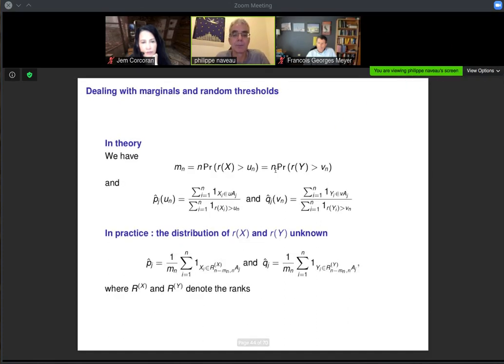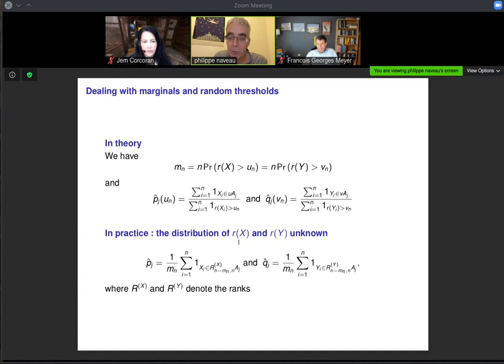But in practice, to choose u_n and v_n that satisfy this, I need to know the distribution of R of X. R of X is just the projection; as I said, for example, R of X could be X1 plus X2, or max of X1, X2, or mean of X1 and X2. But in practice, I don't know what the distribution of X1 plus X2 is because I don't impose a parametric form on that.